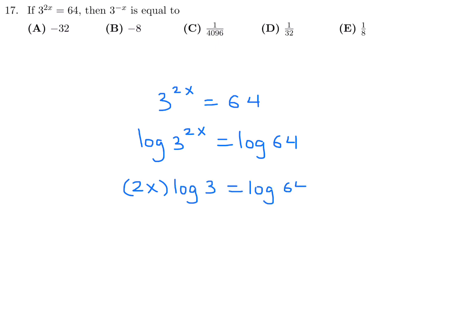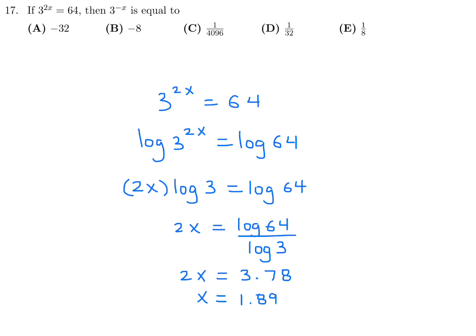If you don't write in a base, it's assumed that it's base 10. So this just becomes 2x is log of 64 over the log of 3. And then you just get out a calculator, type in 64 log, and then divide it by 3 log. And you'll get a number about 3.78 for 2x. And then x, of course, you just divide by 2 and you get approximately 1.89.